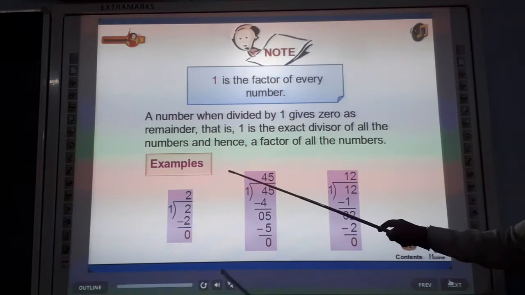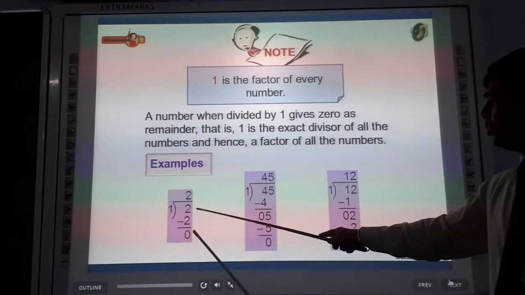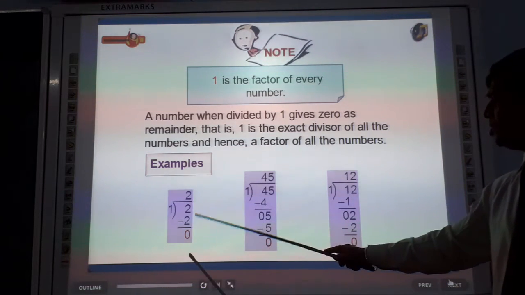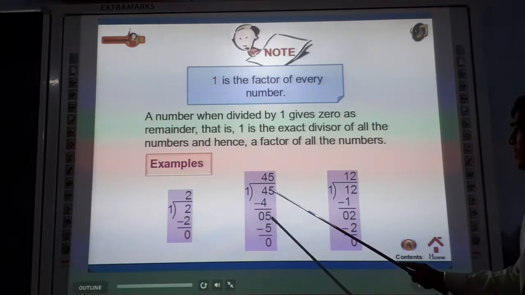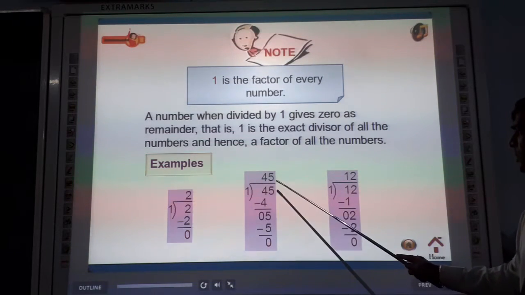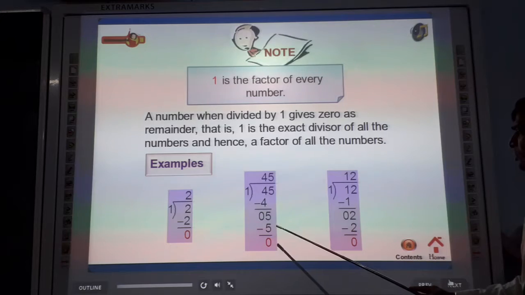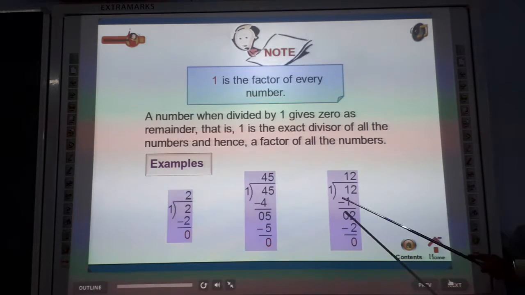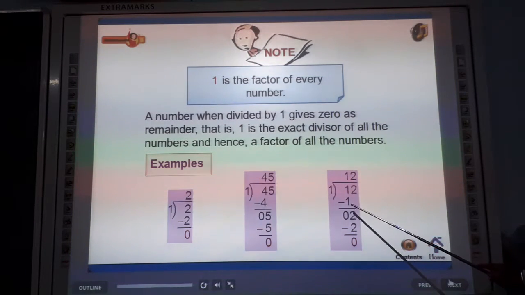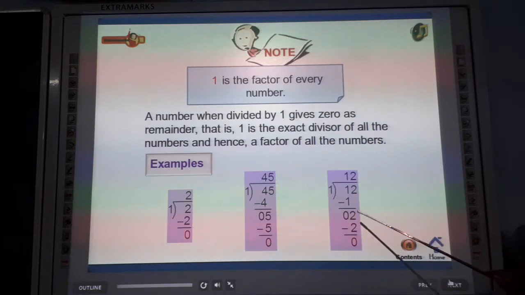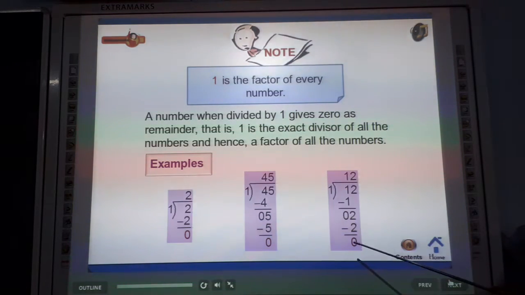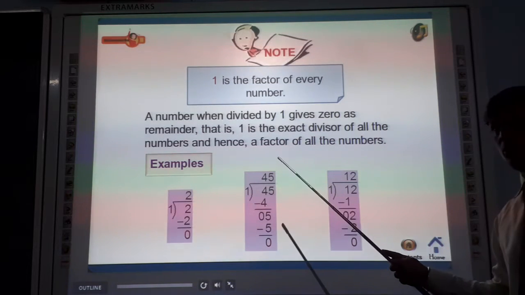For example, 2 divided by 1 is 2, 2 minus 2, remainder is 0. 45 divided by 1 is 45. And 5 divided by 1 is 5, remainder is 0. 12 divided by 1 is 12, and next 2 divided by 1 is 2, remainder is 0. Okay student, look at this.